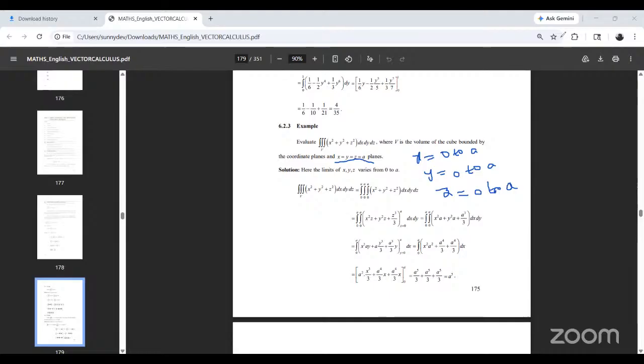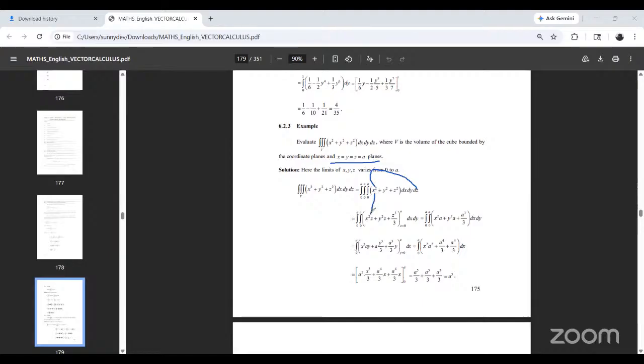So we can write x, y, z equal to a as the plane. Here the limits are x, y, z varying from 0 to a, 0 to a, 0 to a. So x square plus y square plus z square into dx dy dz. Now, first we have to do the integration with z.